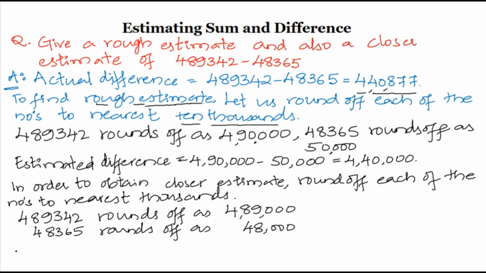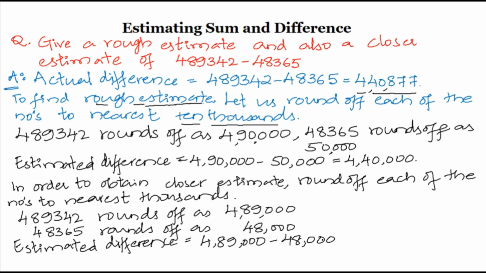Now let us find out the estimated difference. Estimated difference will be 4,89,000 minus 48,000. This will be equal to 4,41,000.